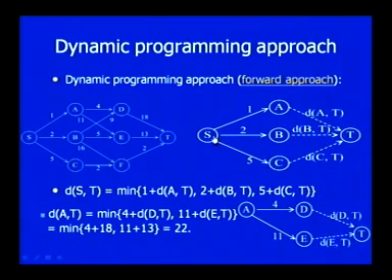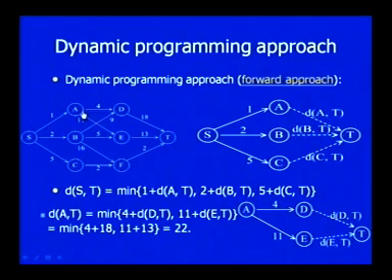Similarly, 2 plus D of B comma T and 5 plus D of C comma T. So, the best path is a path that gives you the minimum, but unfortunately you can see very well what is the distance between A to T. This can't be taken in a single stroke because now you have two possibilities.